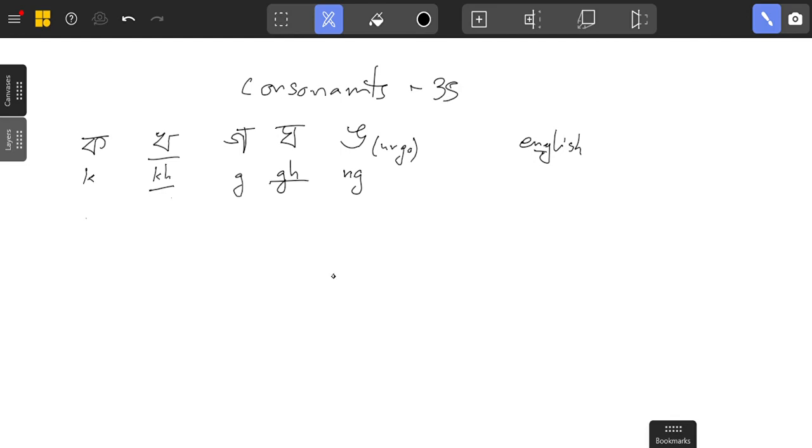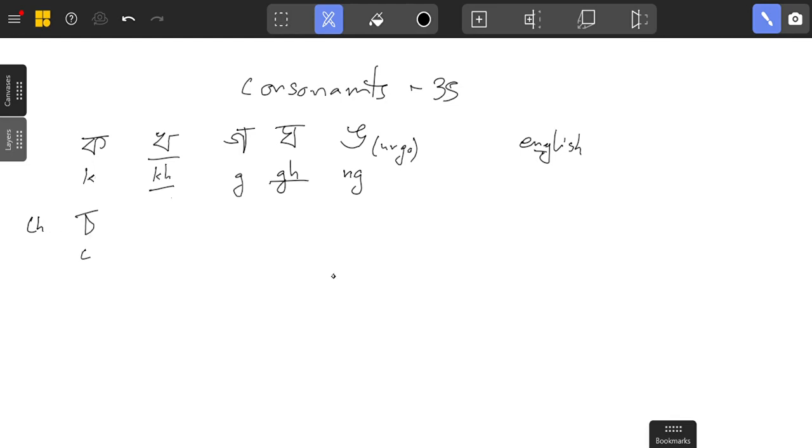Then we have cha, and I'm going to denote it with the letter C. Cha. It's pronounced just like in cheese or cheap or what else? Chubby. So this is cha.